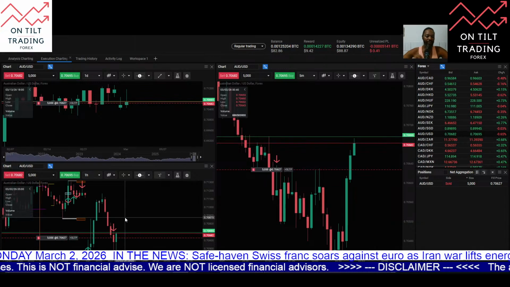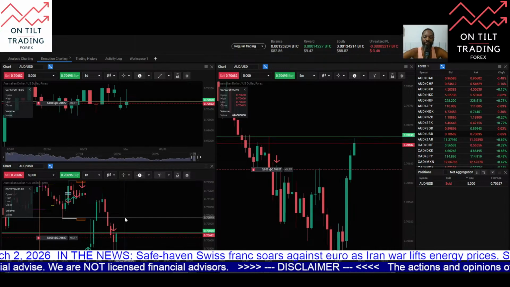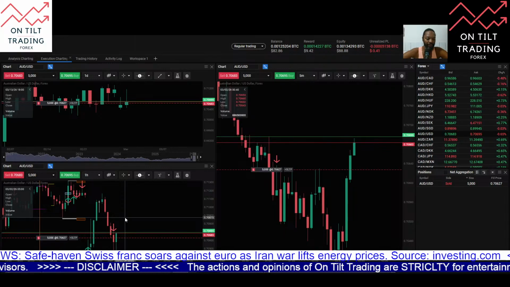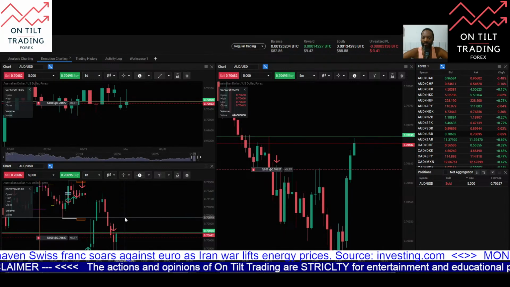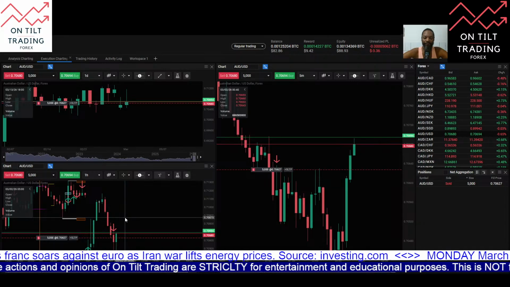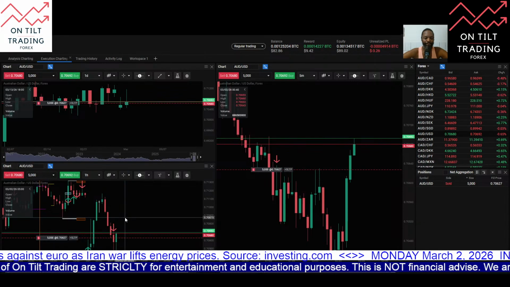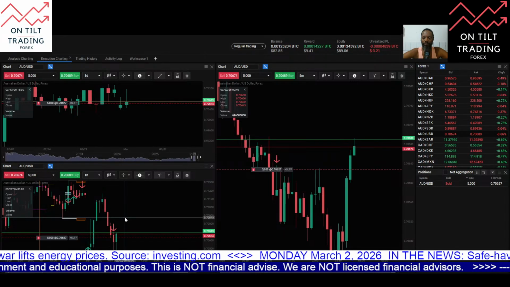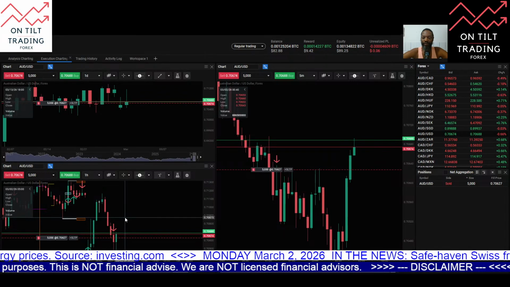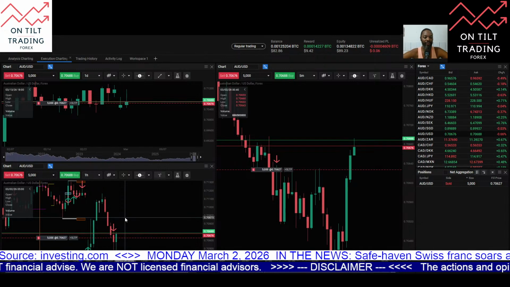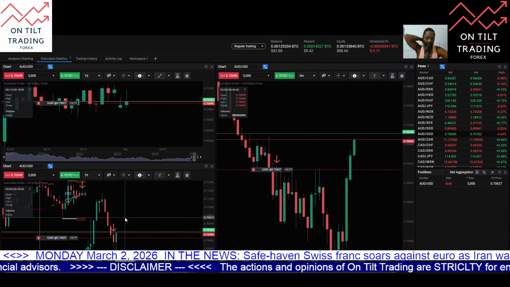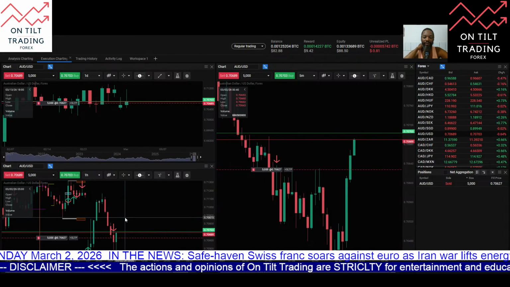I wanted to check and see if price had traded into one of these 1 hour fair value gaps, but it has yet to. But if it stops me out, then it will get into that area. Usually on these trades, I want to base my entry off of some type of 60-minute level, but I didn't have one here.